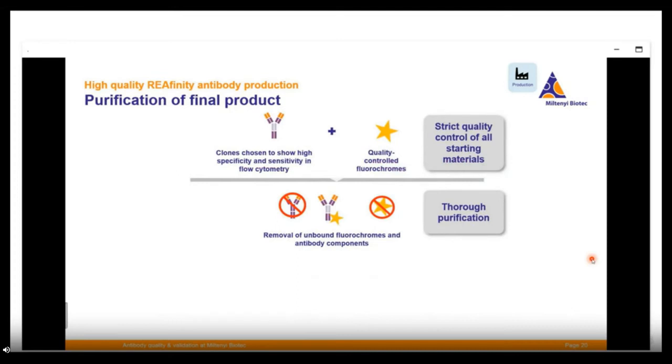Here is a brief outline of our antibody purification process. Antibody and fluorochrome, both as the starting material, are generated with strict quality control.